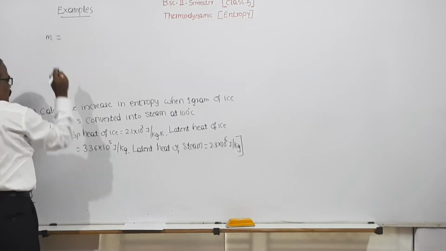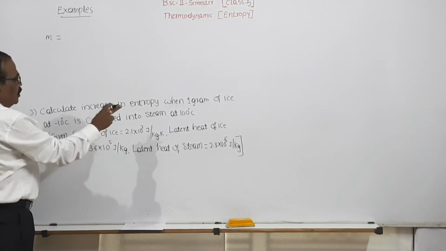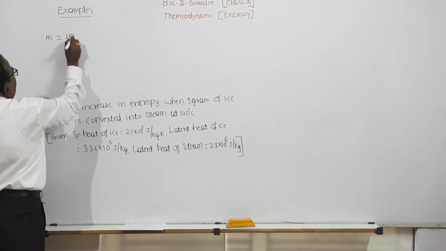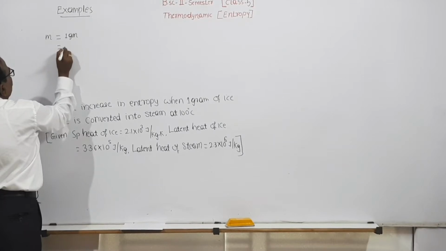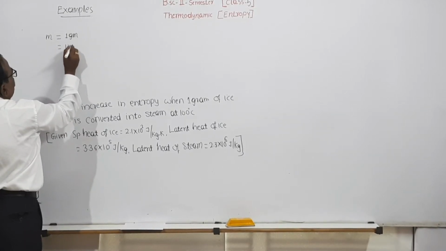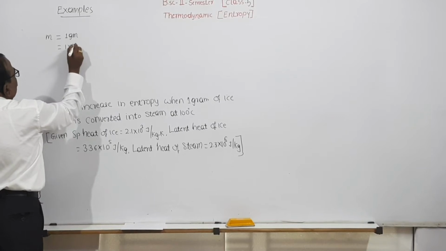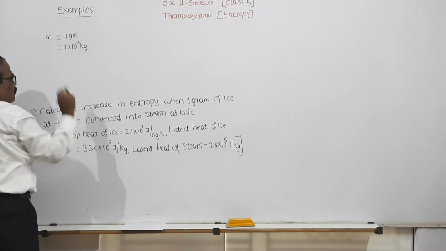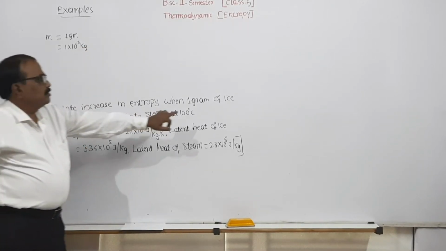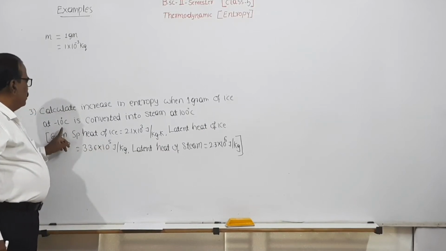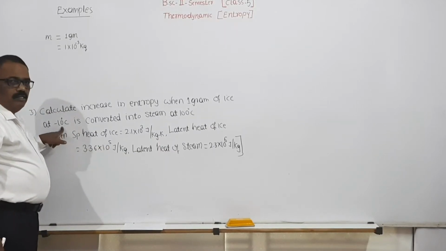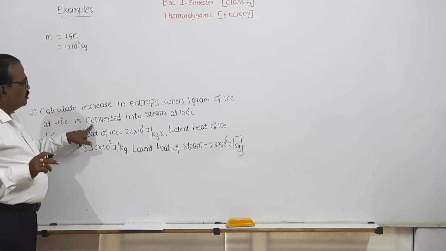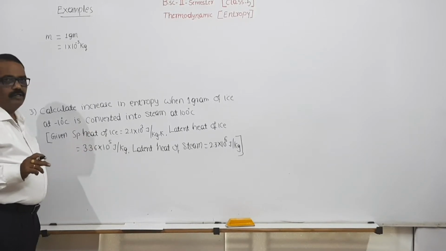Mass is equal to how much? 1 gram. This is equal to 1 into 10 raised to minus 3 kg. It is ice at minus 10 degrees centigrade, the initial temperature, and it is converted into steam at 100 degrees centigrade.